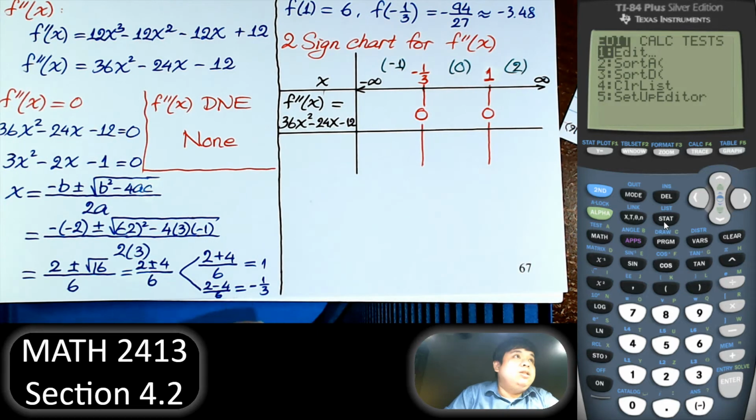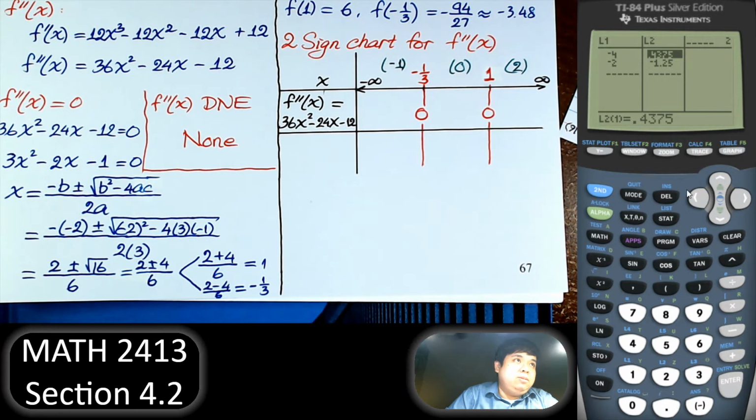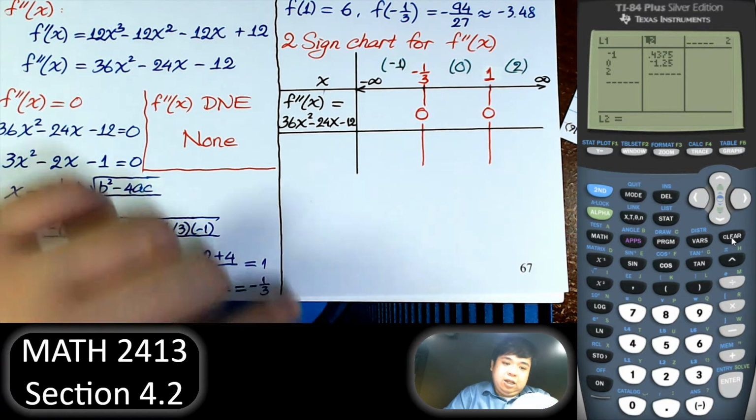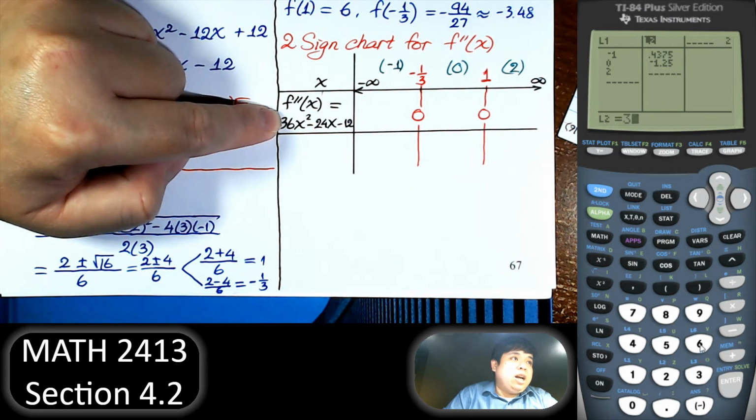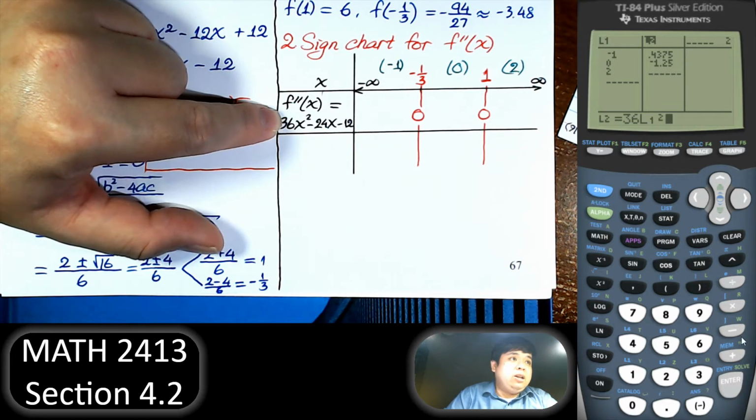Let's go table. Of course, there are a lot of different ways to evaluate the function. Right, we're going to put in the second derivative. 36x squared, or 36 times negative 1 squared, minus 24 times negative 1 minus 12.